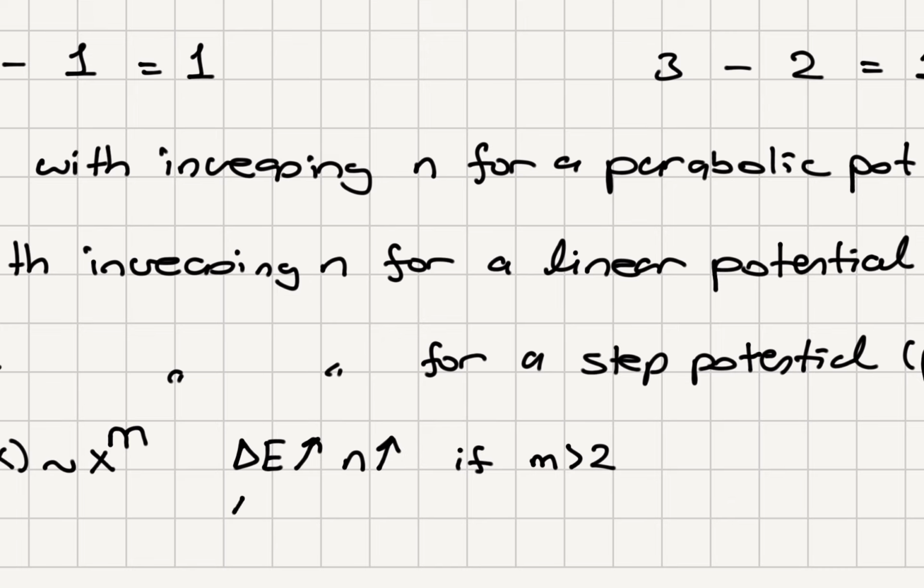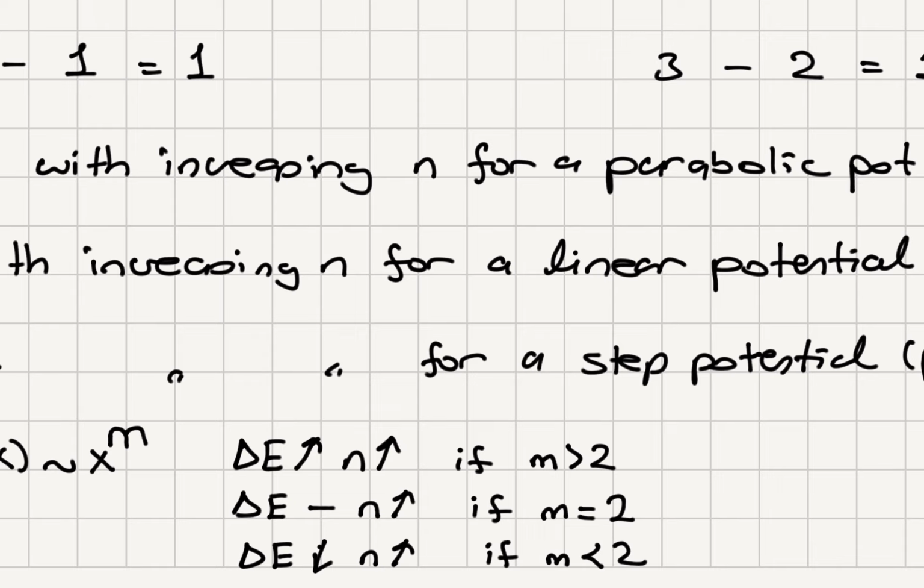The separation between the energy levels stays the same. It's constant when n increases if m is equal to 2. And the separation between the energy levels decreases as n increases if m is less than 2.